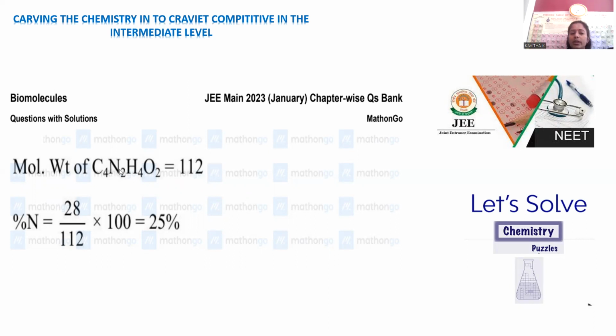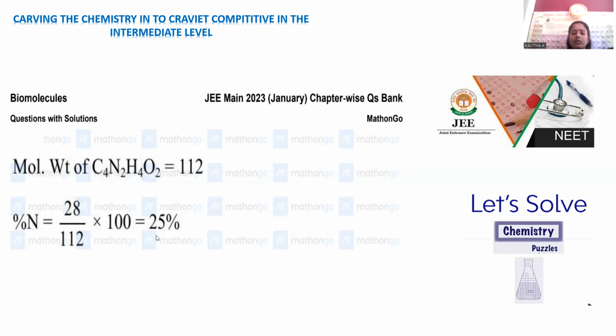How many are there? 2 nitrogens are there. Each nitrogen is having 14 atomic weight. Here we have 2 nitrogens, that's why 14 plus 14, it will become 28. Nitrogen content is 28. Total molecular weight is 112. Nitrogen atomic weight by total molecular weight into 100, that will be 28 by 112 into 100.